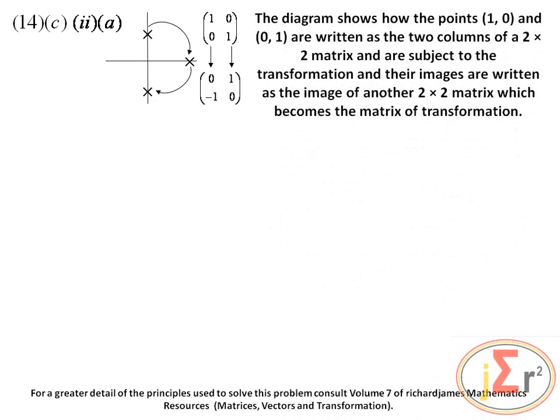The diagram shows how the points (1, 0) and (0, 1) are written as the 2 columns of a 2 by 2 matrix and are subject to the transformation. Their images are written as the columns of another 2 by 2 matrix, which becomes the matrix of transformation.